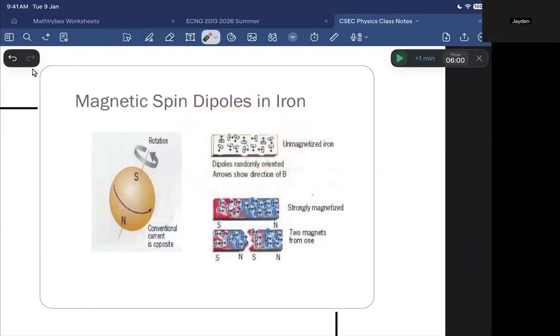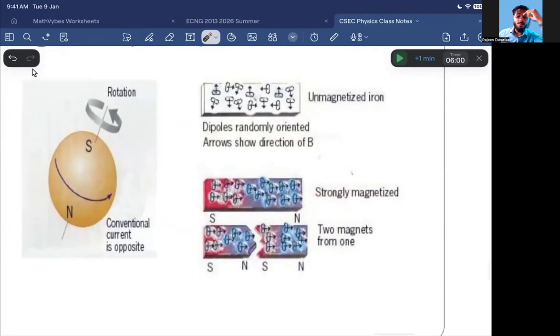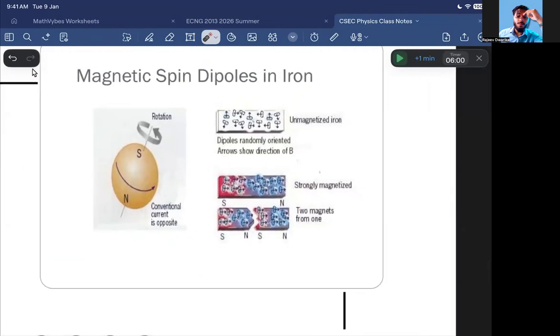They will organize on a line. It will look like this. See that? And it will form a temporary magnet. When you remove the magnet from the iron, it will take a little while for it to go back to disorganized. So for a period of time, that iron will act like a magnet.